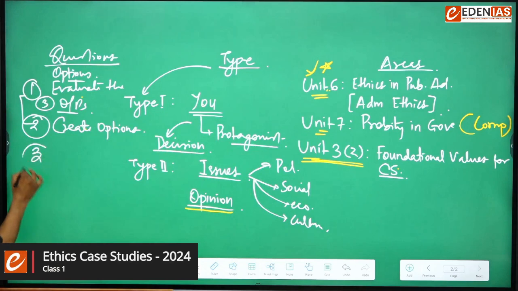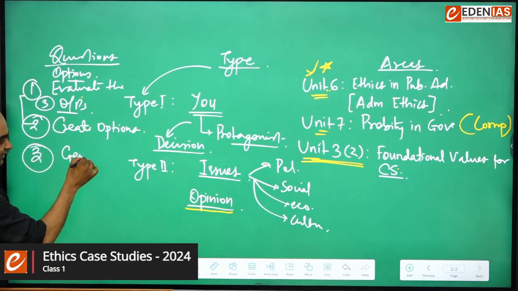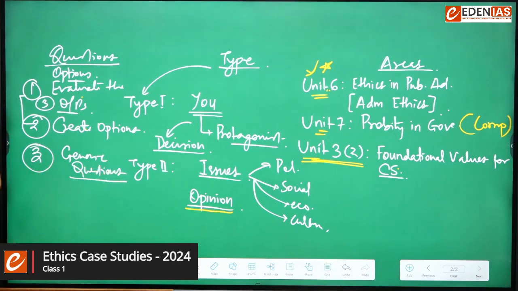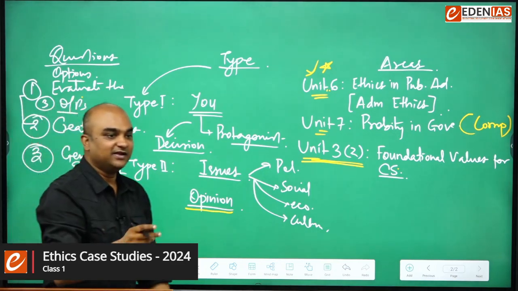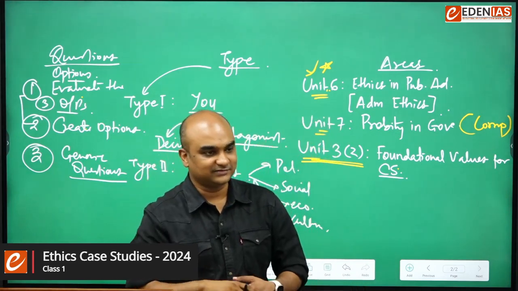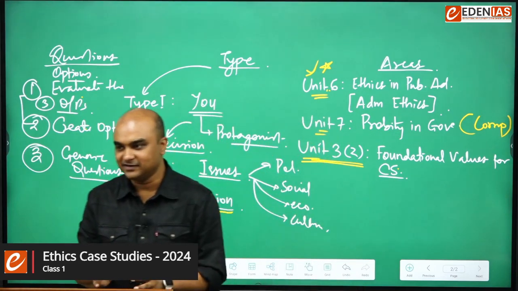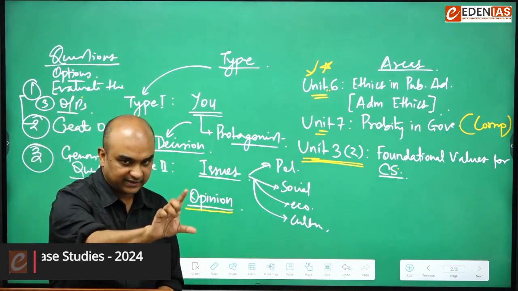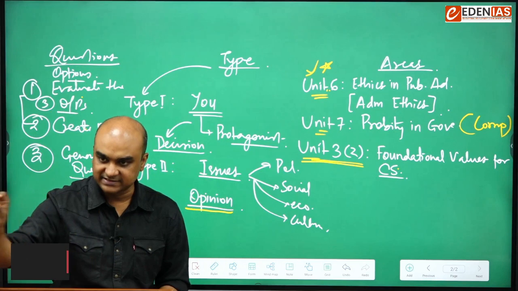And third kind of case studies are where you are asked generic questions. Now these generic questions sometimes could be answered even without reading the case study. Now that is slightly redundant, but it's true that even without reading the case study question, you can answer these generic questions.